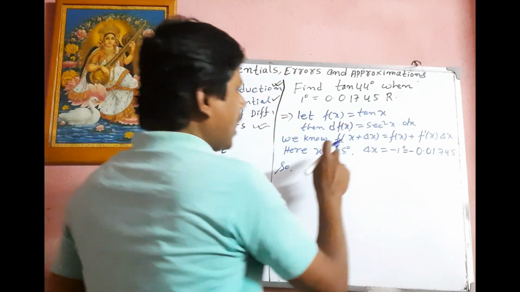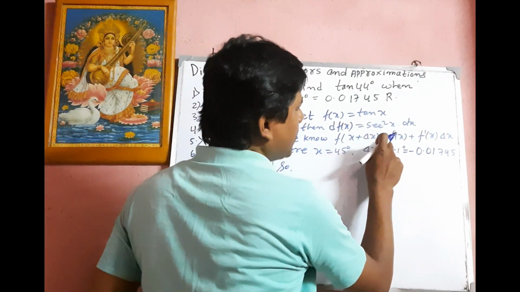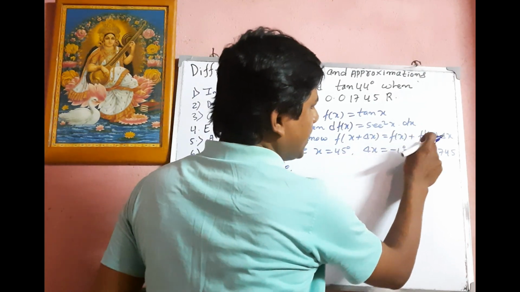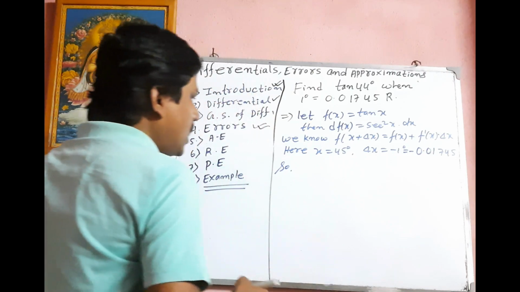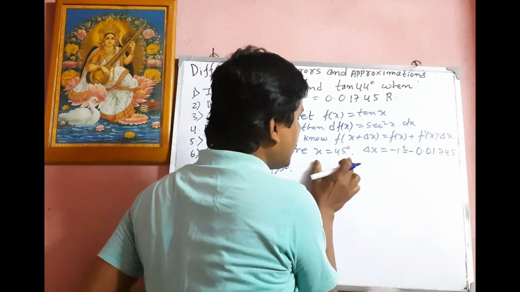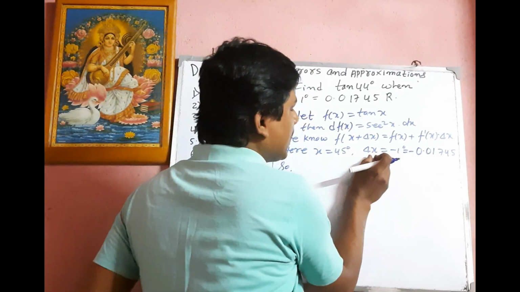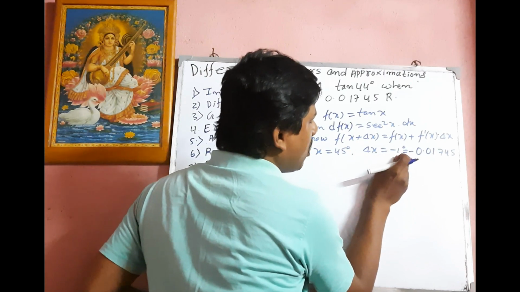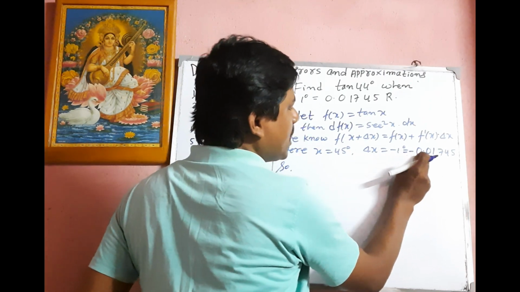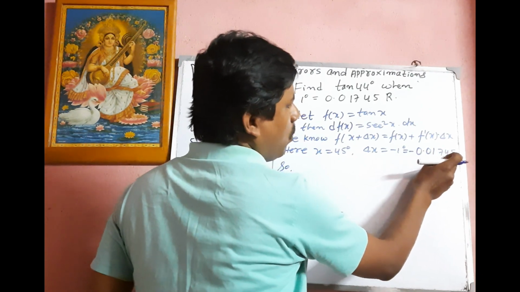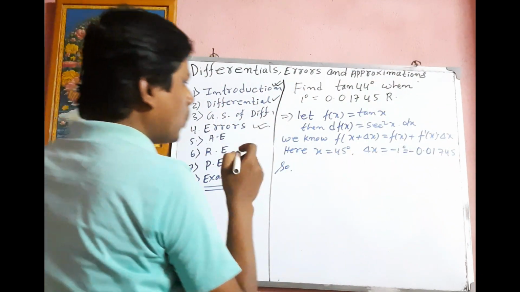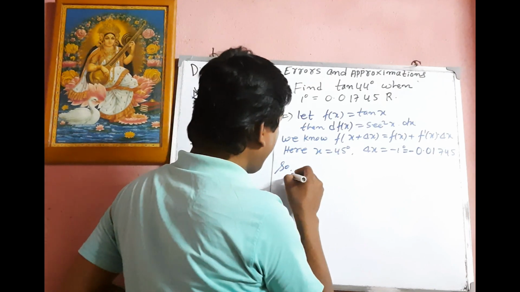We know that f of x plus delta x is equal to f of x plus f dash x into delta x. Here, if we take x is equal to 45, then delta x is equal to minus 1 degree, that is minus 0.01745.